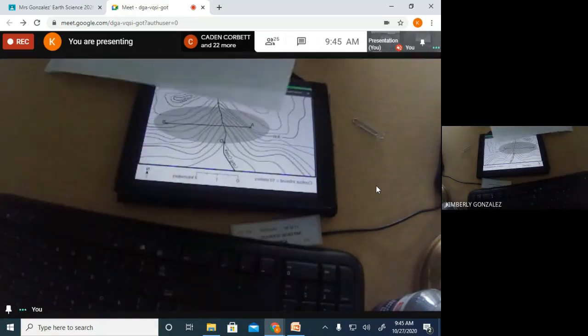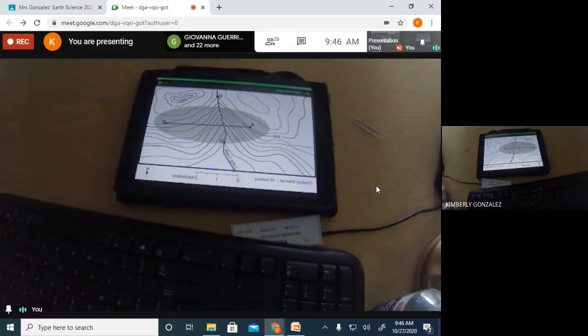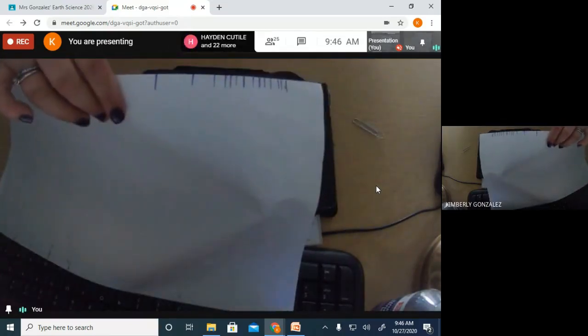Okay? The whole point is you need to get where the ISO lines hit it and also how far apart they are. So draw one for every ISO line? Every single ISO line from A to B.